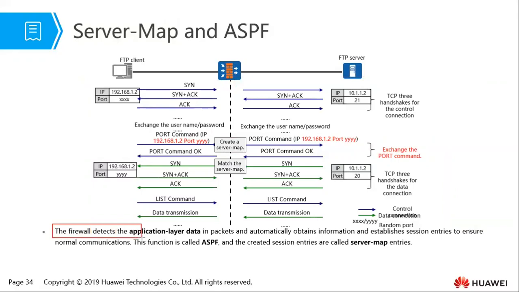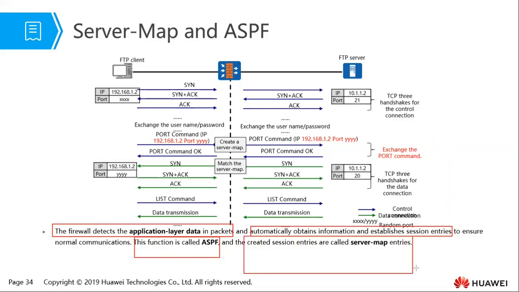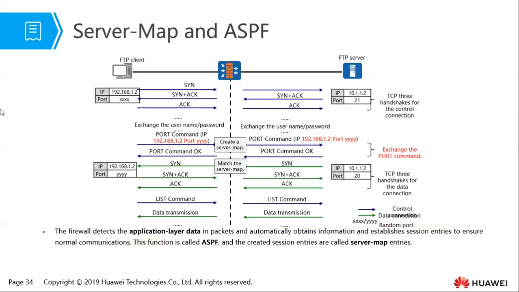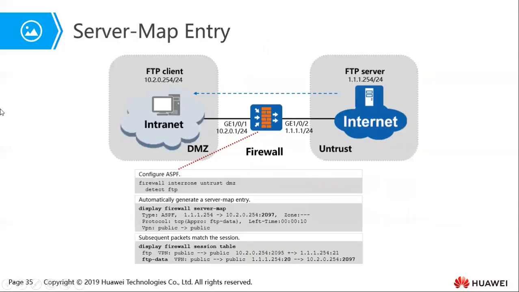The firewall detects the application layer data in packets, then automatically obtains information and establishes session entries to ensure normal communication. So this function is called ASPF, and the created session entries are called server map entries. So that is how multi-channel protocols are handled.